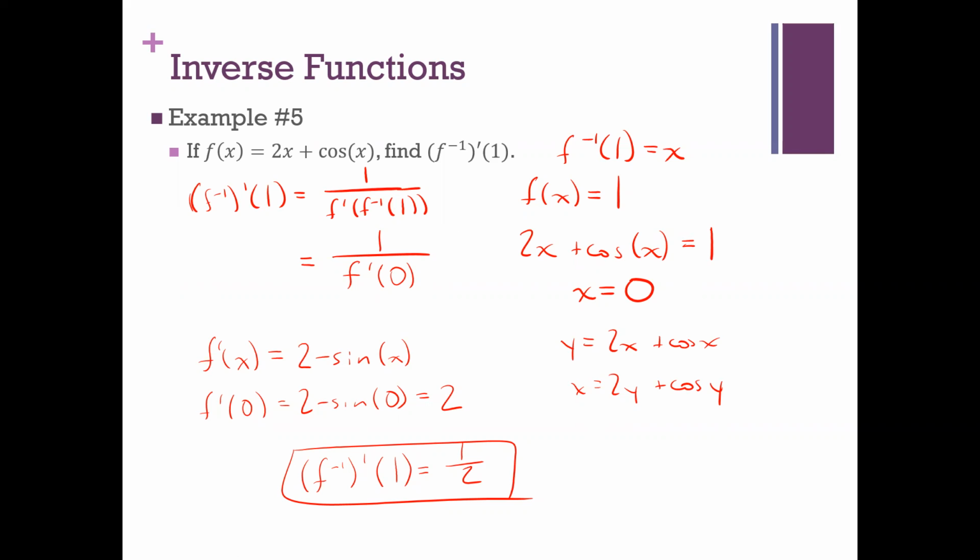Because trying to take the derivative of the inverse directly is going to be impossible. So in trying to find f inverse of 1, basically we had to solve this original equation. Set it equal to 1 to solve.